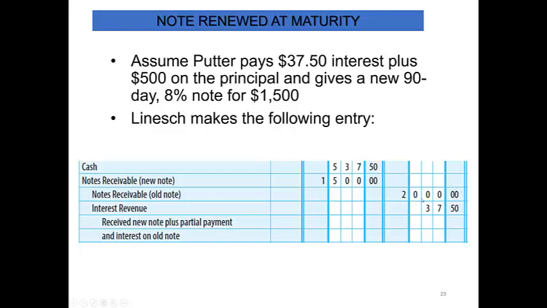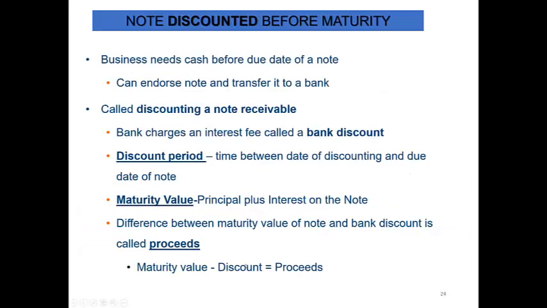That principal was $2,000, and we'll put the new note on at $1,500 because he did pay down $500 of the principal. And then of course we'll also record the credit for the interest revenue of $37.50. And before you leave the transaction, always make sure that debits equal credits, and you know there's less possibility of a mistake that way.